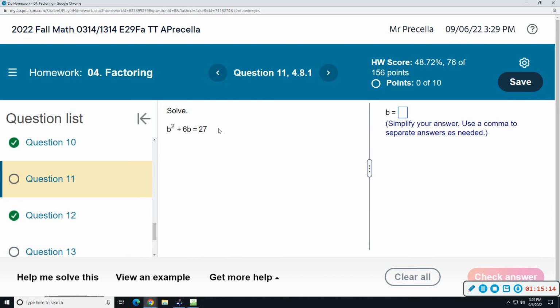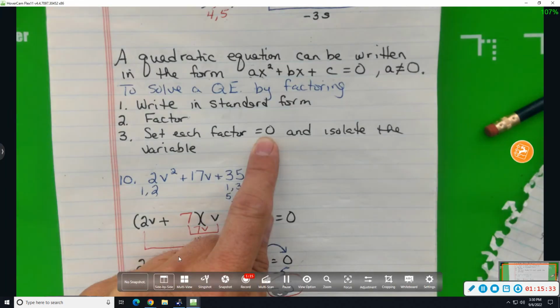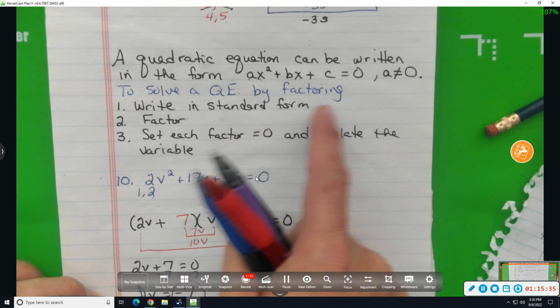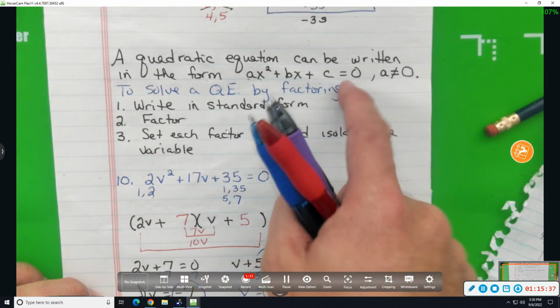If you're solving a quadratic equation, whether you're factoring or using the quadratic formula, you must have it set equal to 0, and then descending order on the left side: the squared variable, the variable to the first power, then no variable. You've got to have that standard form equals 0.